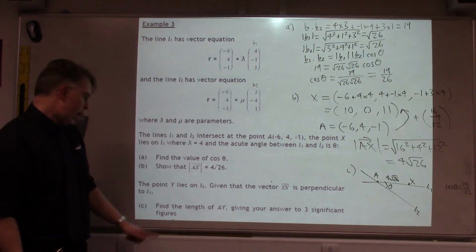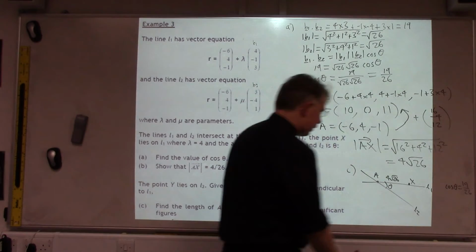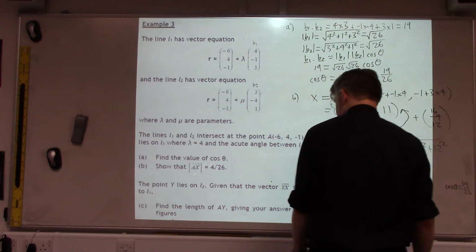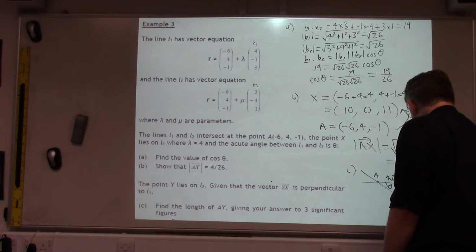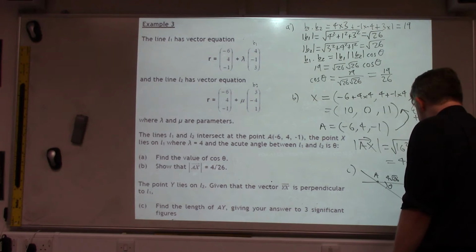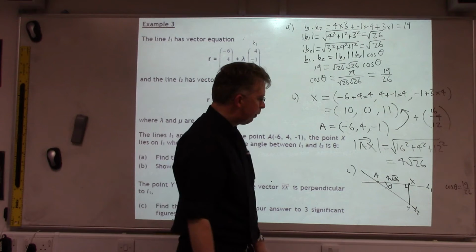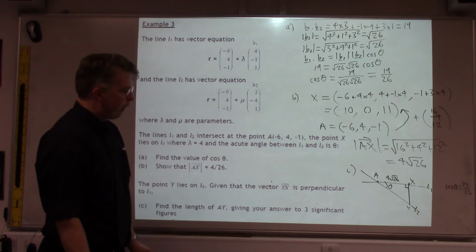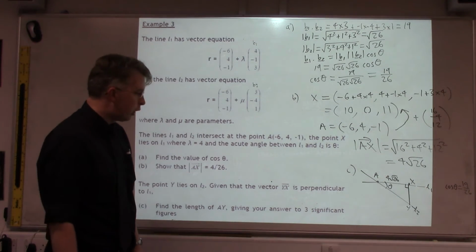We want the point Y on L2 so that YX is perpendicular to L1. So we want that to be a right angle and that to be Y. And we want the distance A to Y. Now basically, once we've got the sketch and put the information we already know on it, it becomes a trigonometry question.